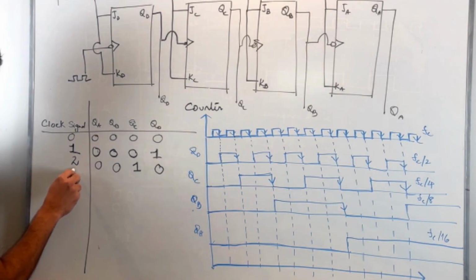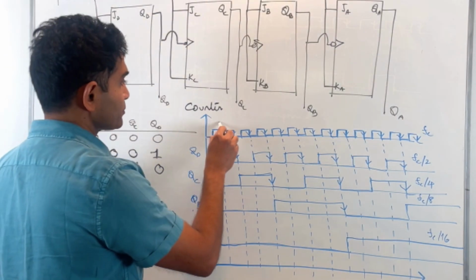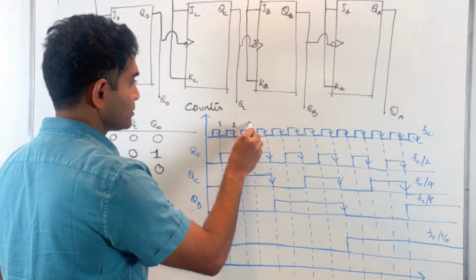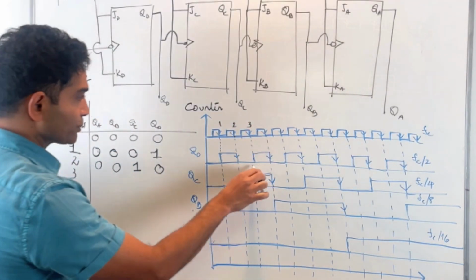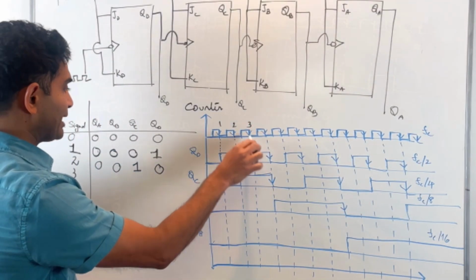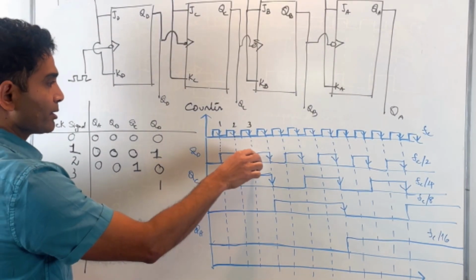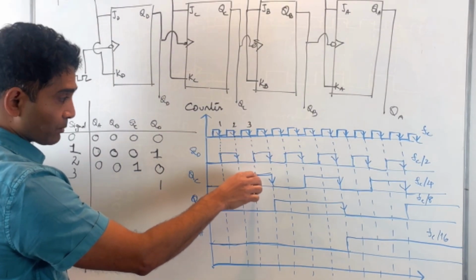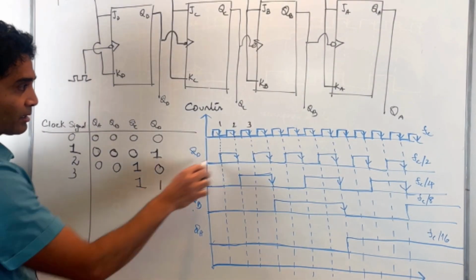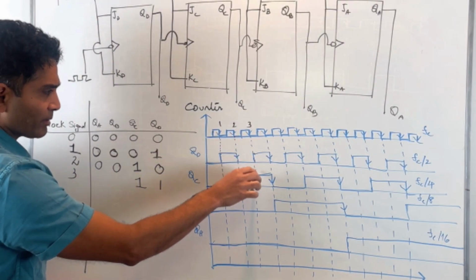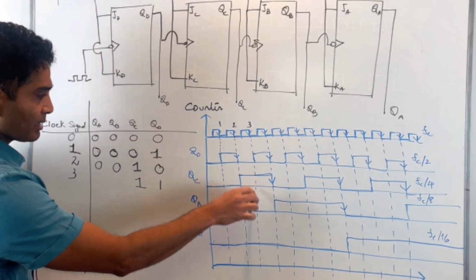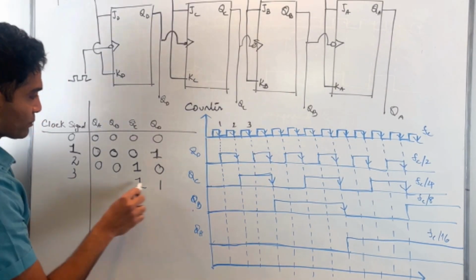On the third active edge, so this is 1, 2, 3, my QD became 1, my QC remained 1, and my QB and QA are still zeros.